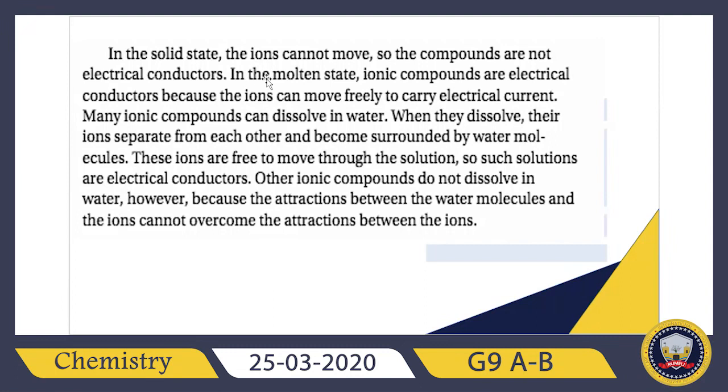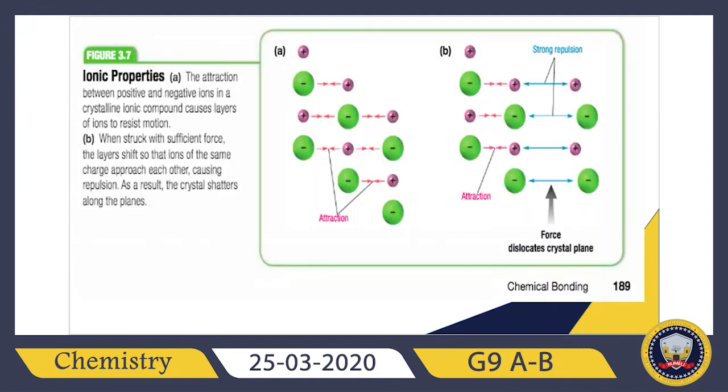In the molten state, ionic compounds are electrical conductors because the ions can move freely to carry electrical current. Many ionic compounds can also dissolve in water, and when you dissolve them, the solutions conduct electricity. Let's continue now.